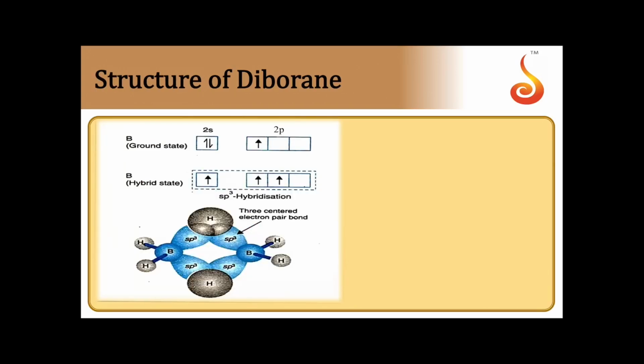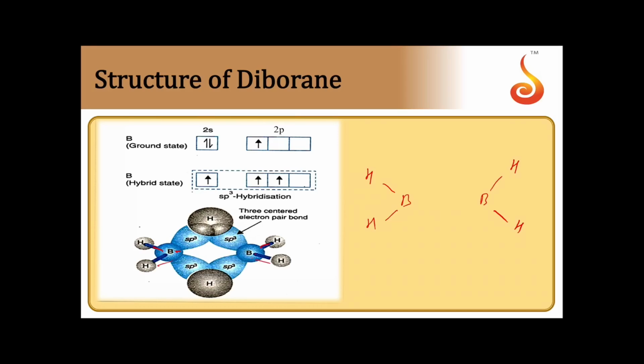Then comes finally the structure of the diborane molecule. So boron is undergoing sp3 hybridization there. Boron forms altogether 4 normal bonds here. And these are the terminal bonds; if you look at the electron distribution, these 4 bonds, with boron here and boron here, are normal bonds. So each BH bond involves a complete electron pair.